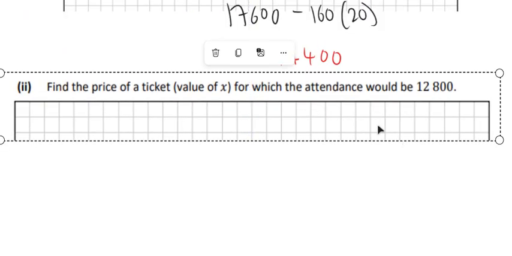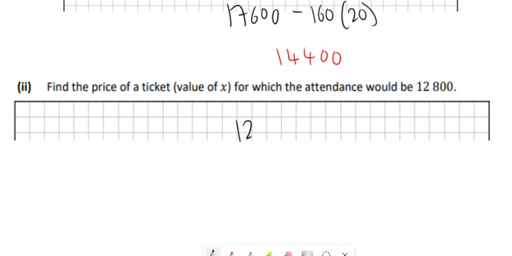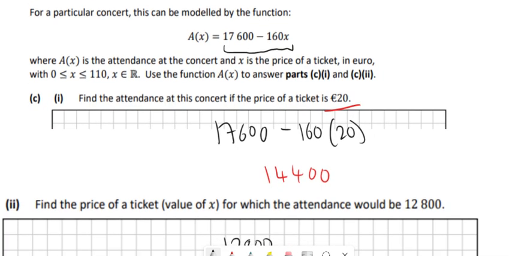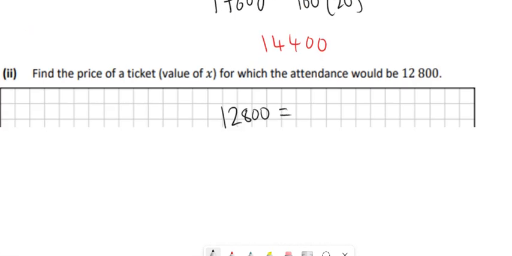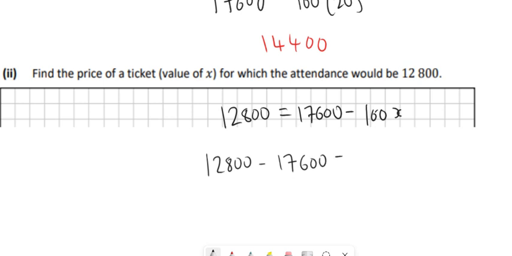Find the price of the ticket, value X, for which the attendance would be 12,800. So now the attendance is 12,800. So we're going to let that be equal to the function. So we're putting that in for A of X really, and we have 17,600 minus 160x, and we're just solving then for X. So we do 12800, we bring over the 17,600 and subtract it, and that's still equal to minus 160x.